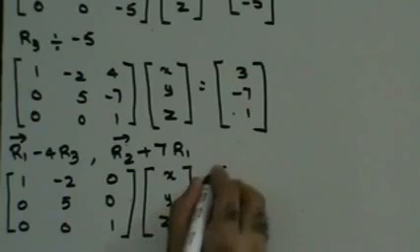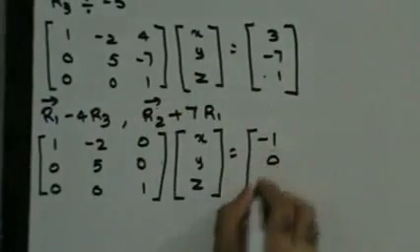X, Y, Z. Now 3 minus 4 is minus 1. Minus 7 plus 7 is 0, and this is going to be 1.